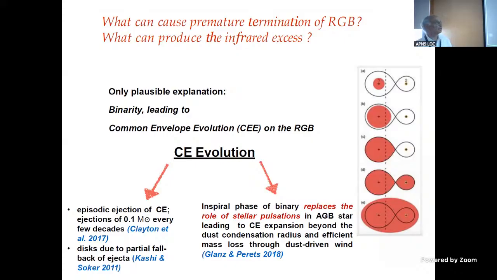Another possibility is that the in-spiral phase of the companion replaces the role of stellar pulsation in AGB stars, and that leads to an expansion of the common envelope beyond the condensation radius, and then you get an efficient mass loss through a dust-driven wind. So, though you have common envelope evolution, the ejection is not due to the gravitational potential energy, but it's due to the kind of winds which we see in AGB stars.